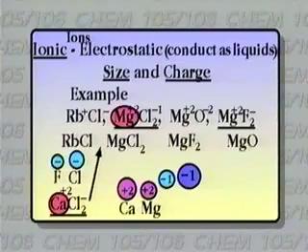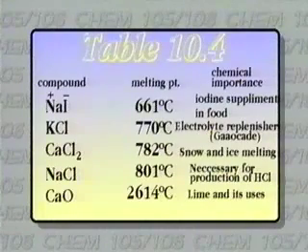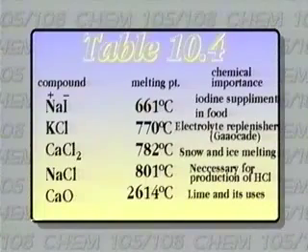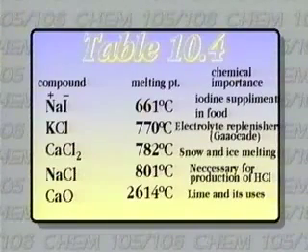Well, this gives you just a quick overview of a few ionic compounds and their corresponding melting points, and a little bit about some of their uses. The first one we see there is sodium iodide.